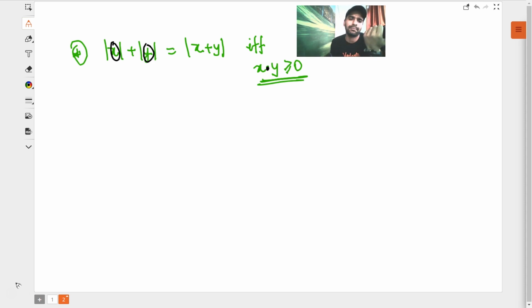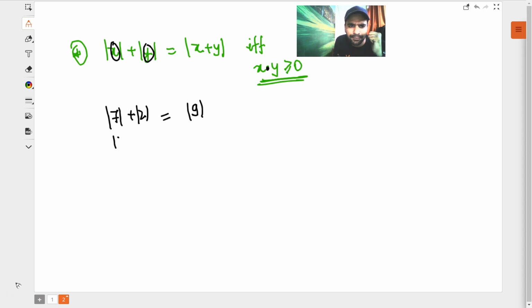What they know is 7 plus 2 is equal to 9, and 7 minus 2 is equal to 5, right? If I take the modulus of 7 plus 2, it will be 9 only.